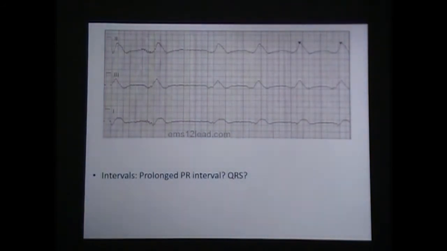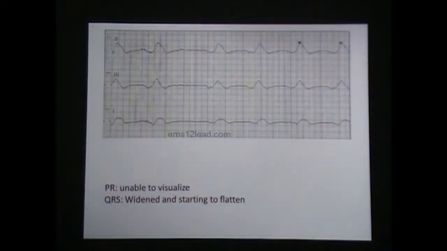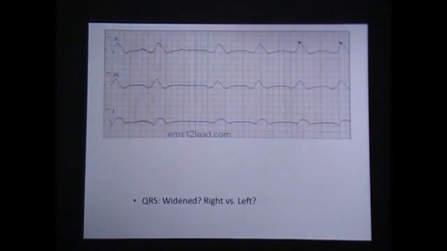PR, I have nothing for PR, and those QRSs are significantly wide to the point I couldn't definitively say they're QRSs. They're starting to flatten, as you can see, especially down here. Flattening off, they're not peaked anymore. I have nothing for P's.